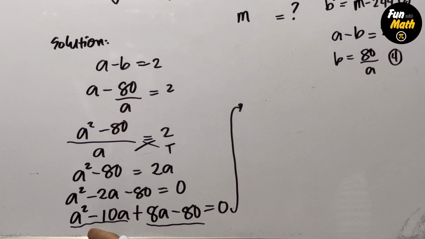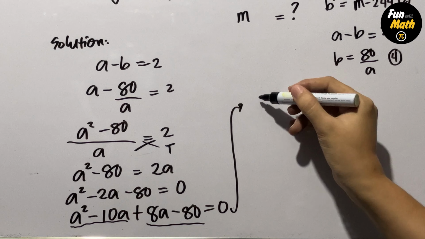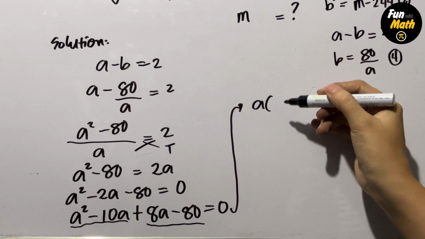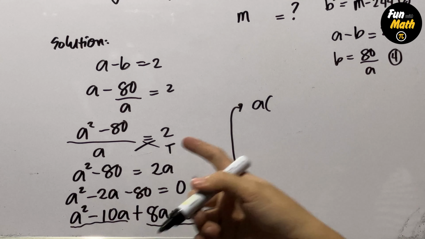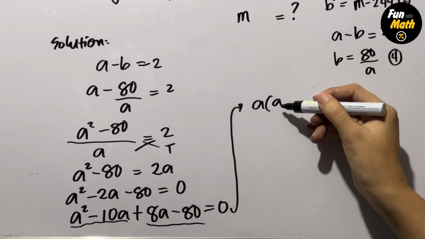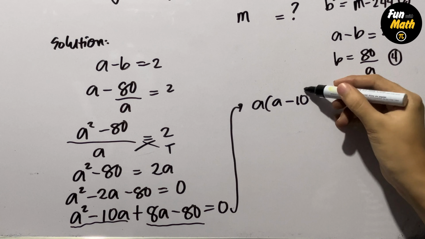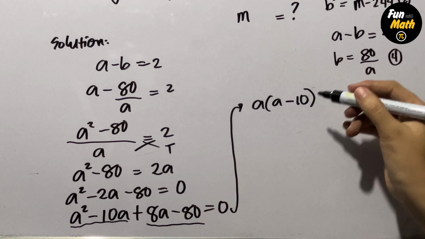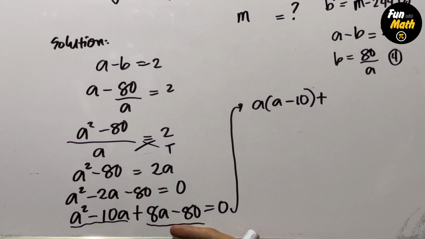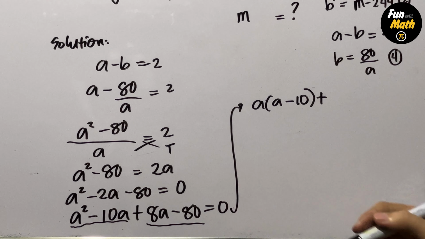So the common for the first pair is A. So let's put A. A times A squared divided by A, that's A, minus 10A divided by A, that's 10. Here another, plus this pair, the common is 8.